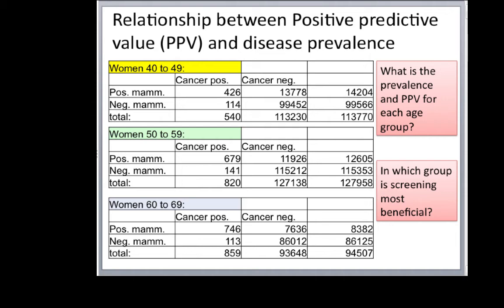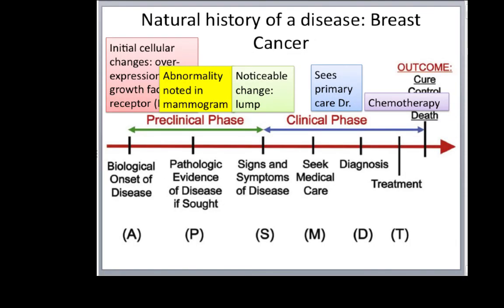The key outcome here is that the higher the prevalence of a particular disease is in a population, the better the positive predictive value is. That's one of the reasons why, if you're going to start a screening program in a particular population, you want to make sure that the disease is prevalent in that population. The positive predictive value is going to be better. We'll come back to that.